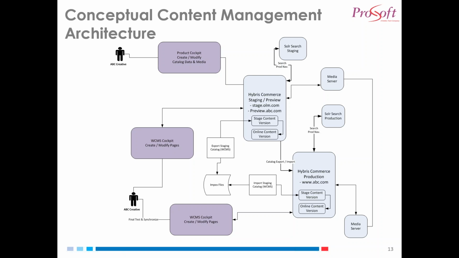Within a single database, your data is represented in these two versions. What this means is that any work-in-progress data or content is staged, so that you do not see it.